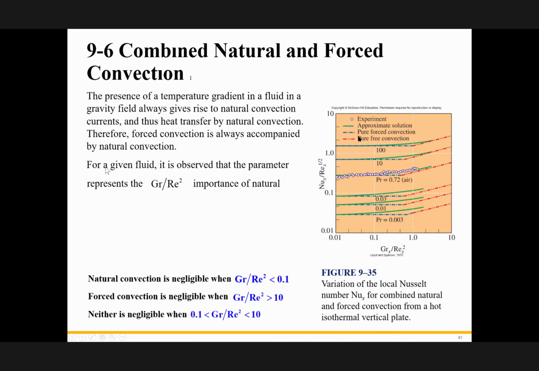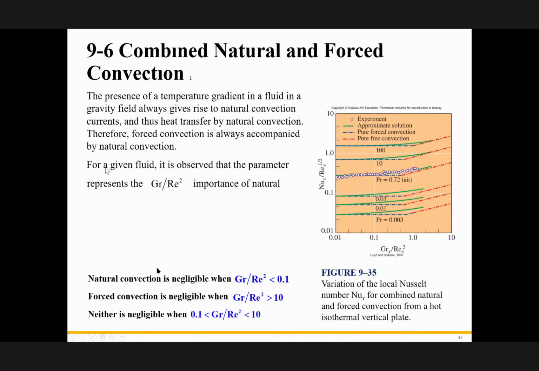Look at here, in blue, it mentions forced convection. In this range, from this range to this range, both of them are working. Here is your pure convection, and here is your forced convection. Therefore, now we can approximate that both of them are contributing. Now you have this criterion.